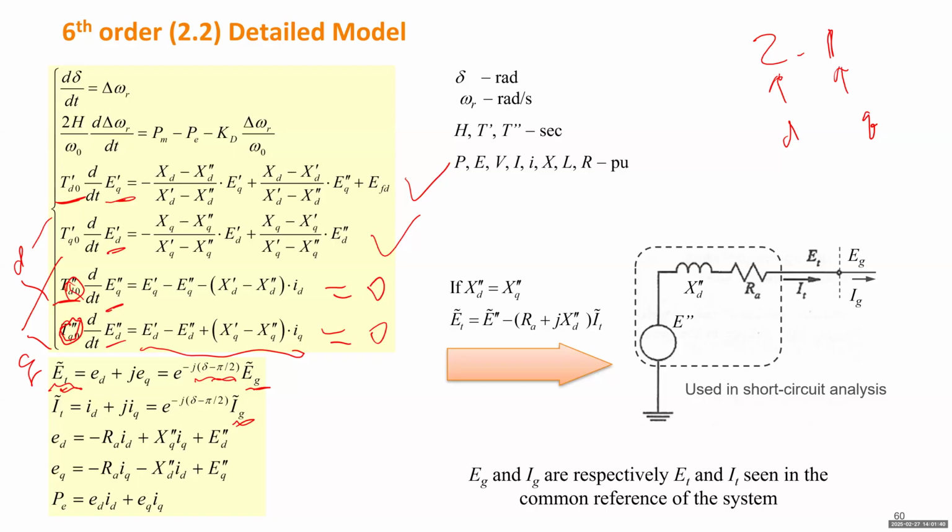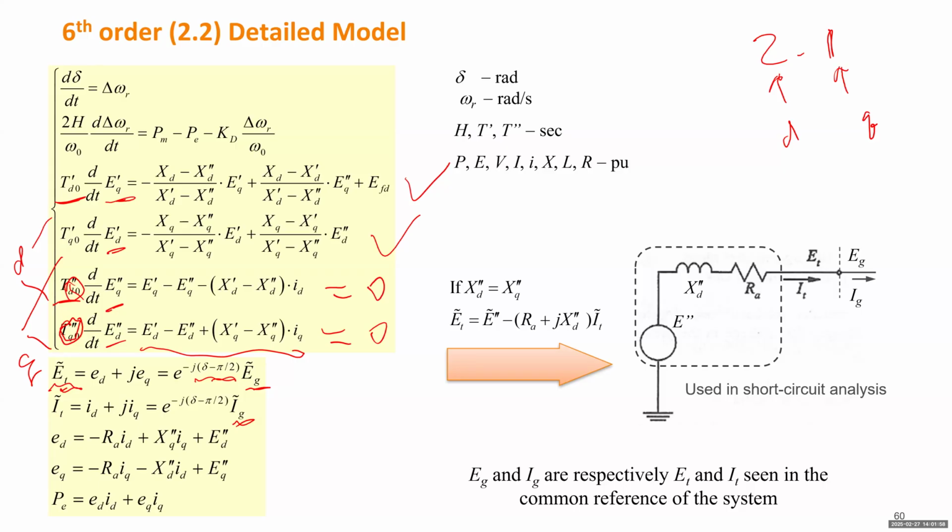But when you have many generators, that's not convenient. When you model your generator, you don't worry about the common reference. You still model everything internally based on the terminal voltage.